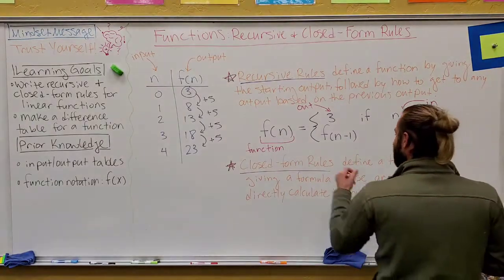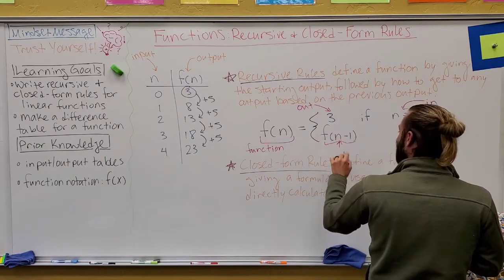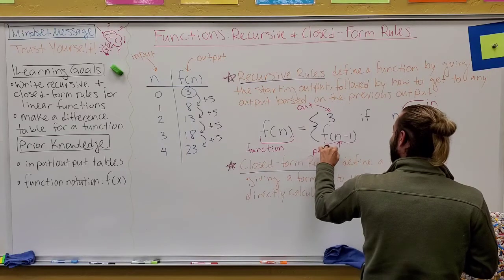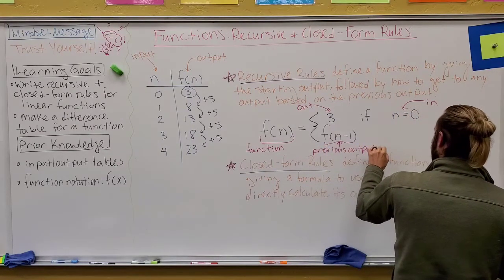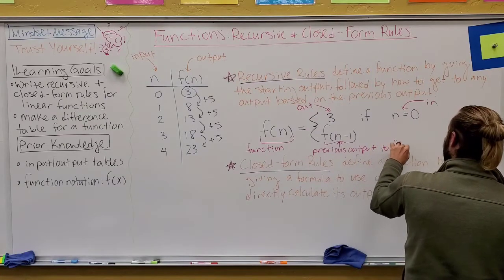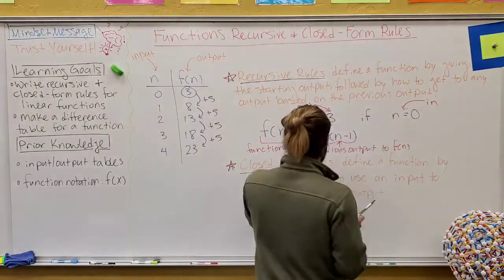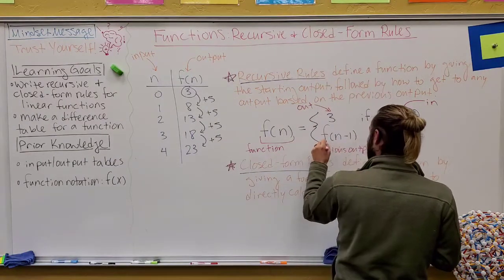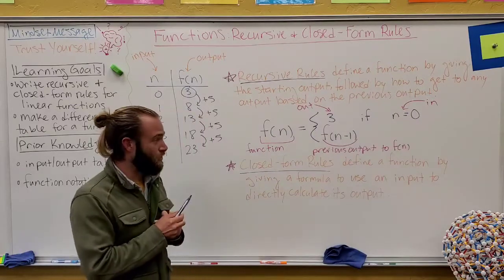It's important to remember, this whole thing, f of n minus 1, represents the previous output to f of n.